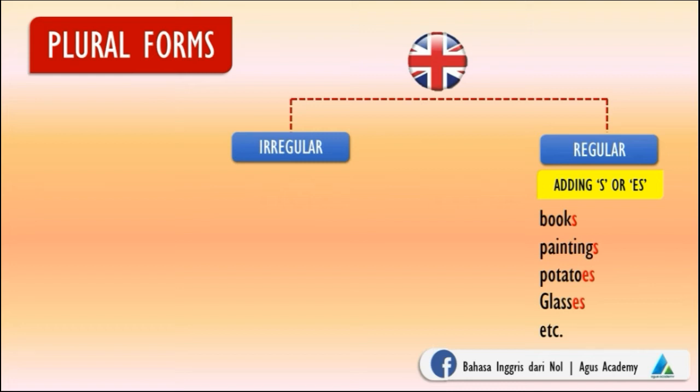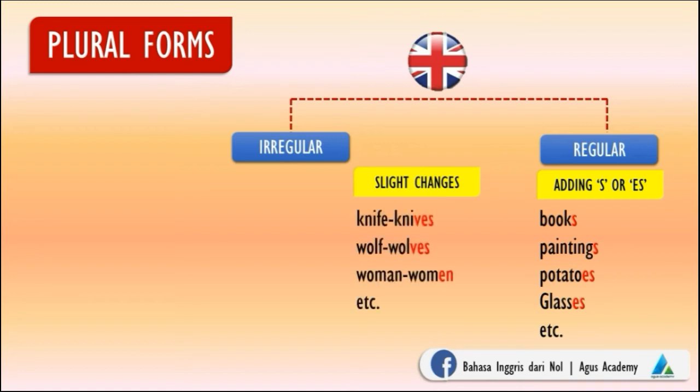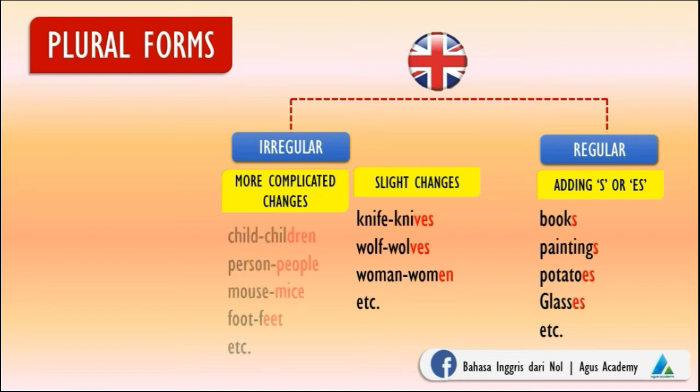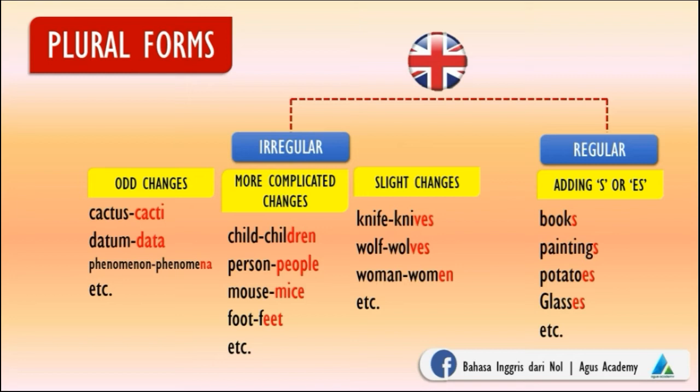Various things can happen to irregular plural nouns, from changes that are slight, like knives, wolves, women, and more complicated changes like children, people, mice, and feet, to changes that are rather odd, for example, like the word cacti, phenomena, or data. And then there are those that stay the same, like sheep, deer, species, etc.